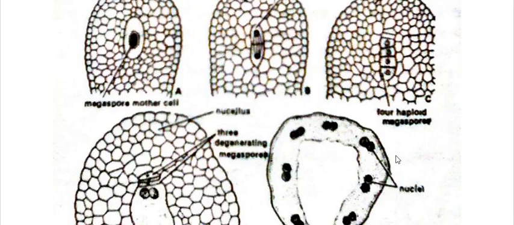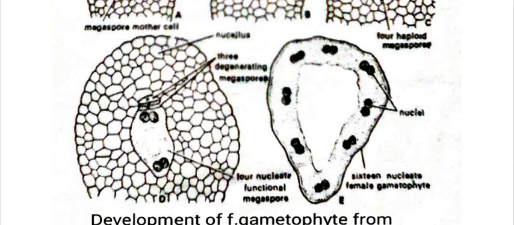In this diagram, these are the four haploid megaspores which we discussed in the last lecture. Three become degenerated, and the lowermost becomes the functional megaspore. In this functional megaspore, the nucleus divides and two nuclei move towards the poles, and they again divide, and in the center a vacuole starts to develop.